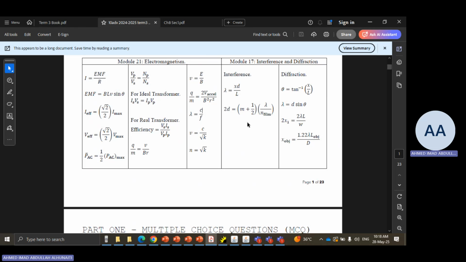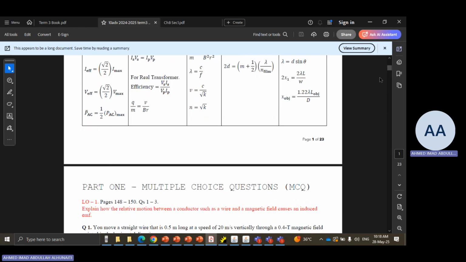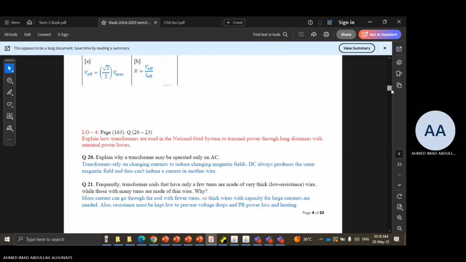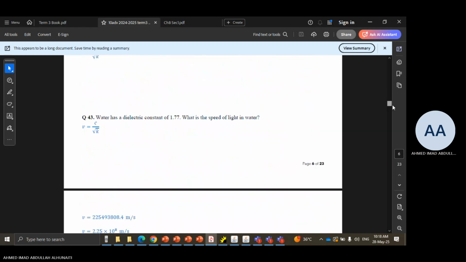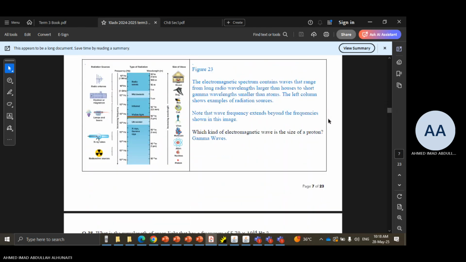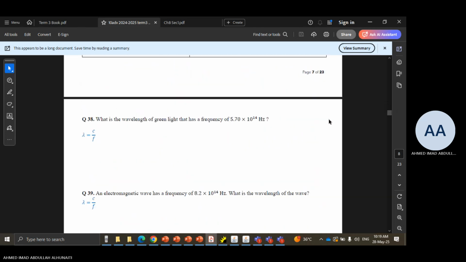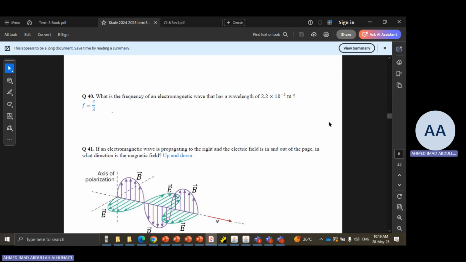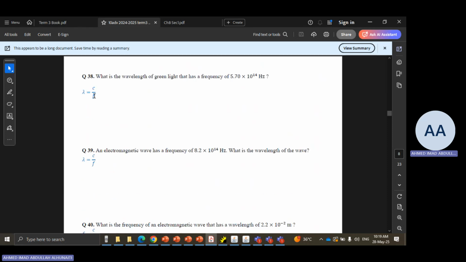It can also be written as v equals f lambda. Again, here it's written as lambda equals c over f.